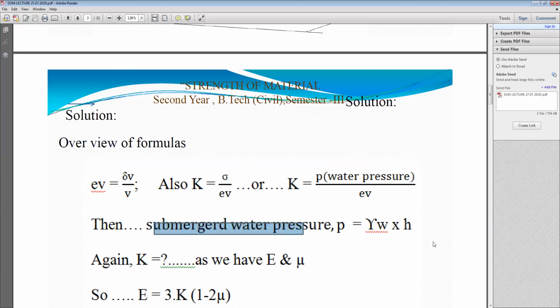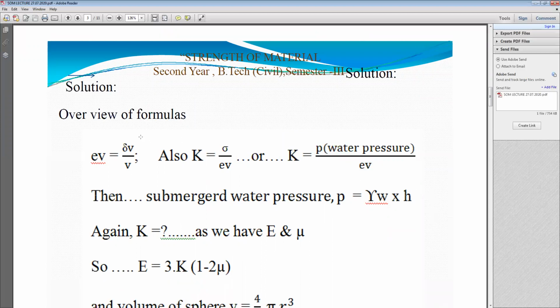By calculating the water pressure, we then calculate the bulk modulus, and by using the correlation between the water pressure and the bulk modulus, we can calculate the Ev. After calculating the Ev, we have to calculate the delta V.